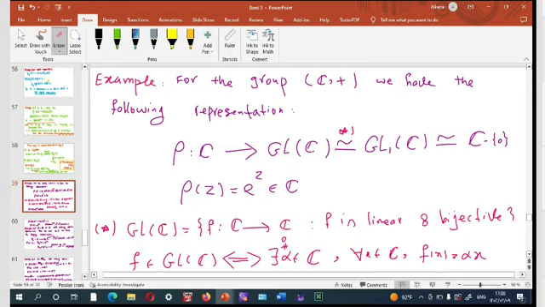By this function rule, rho of z equals e to the power of z is a representation.